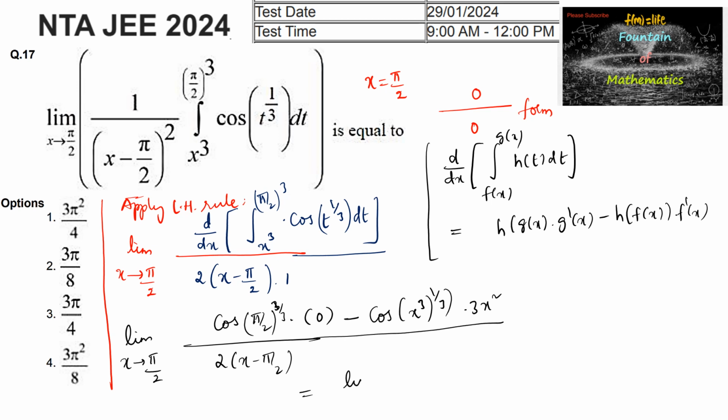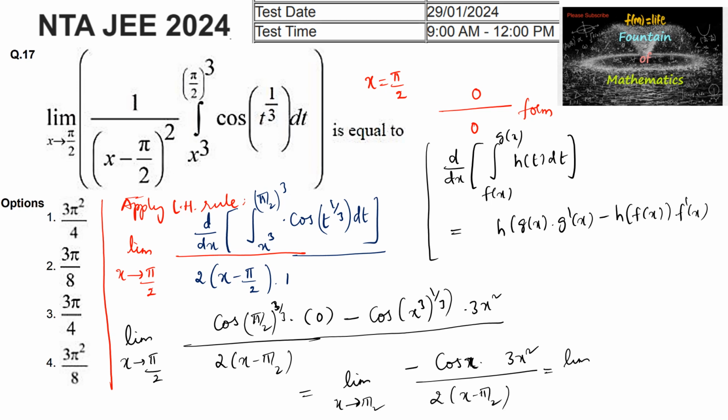Which is equal to limit x tends to pi by 2 of minus cos x into 3x square upon 2 times of (x minus pi by 2).